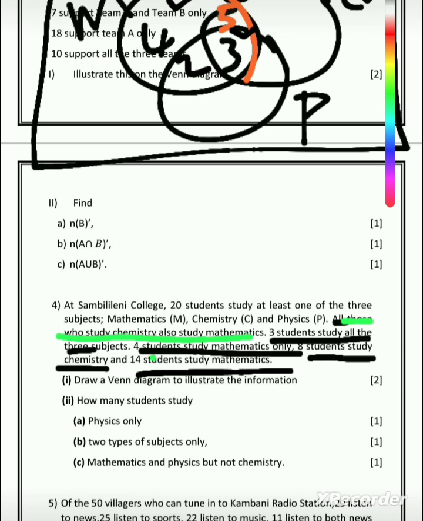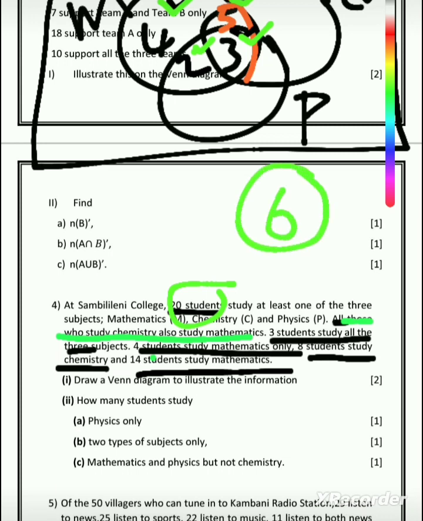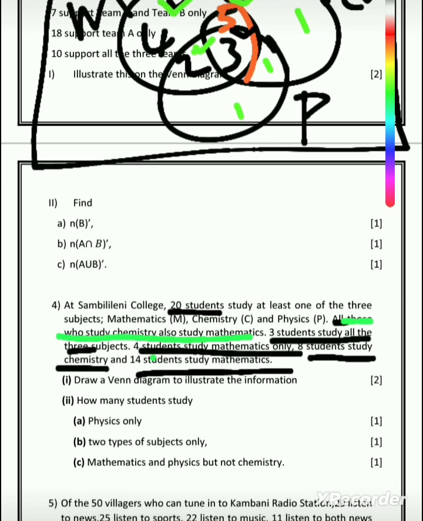Now let's see if the total is equal to 20, since there are 20 students here. So 4 plus 5, it's 9, plus 2 is 11, plus 3, it's 14. So from the 20 students, there are 6 whose place we don't know. We can put them here, here, or here.